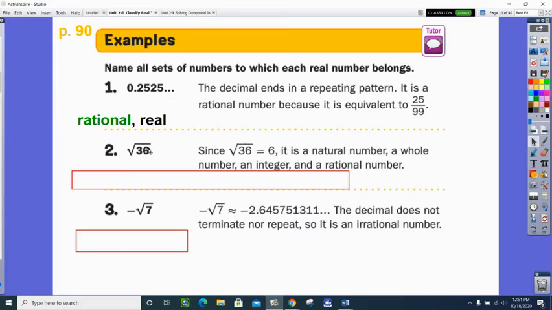Now, square root of 36. For a minute there, you see that square root and you want to jump into the weirdos, into the irrational, but it's kind of like wearing a Halloween mask, because that is a perfect square. So the square root of 36, and again, we're just looking at the principal root here, the positive root, is 6. And once you see that this is just a mask for the number 6, we're going to go back.